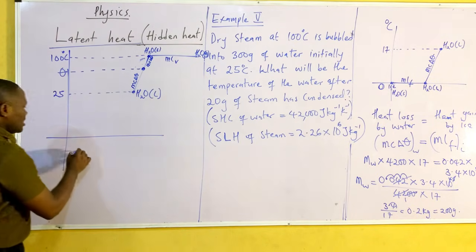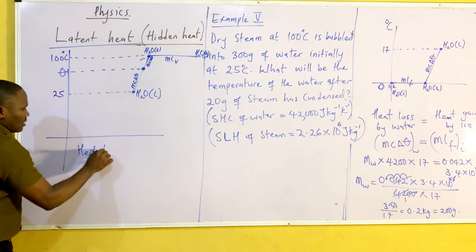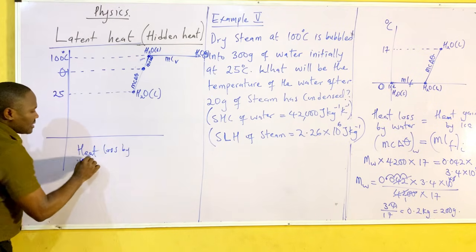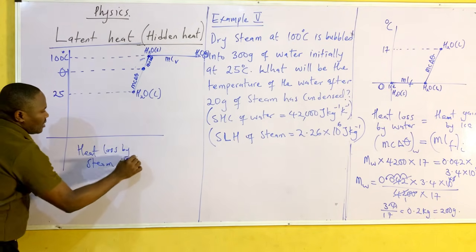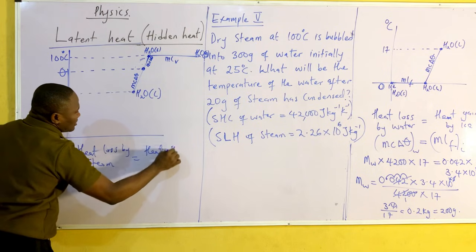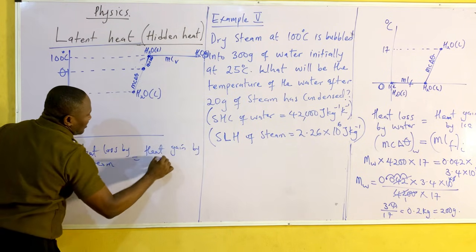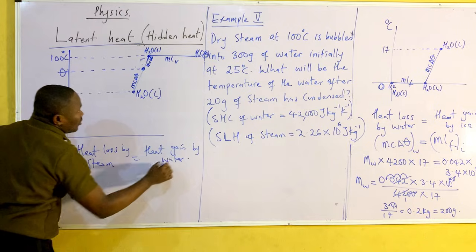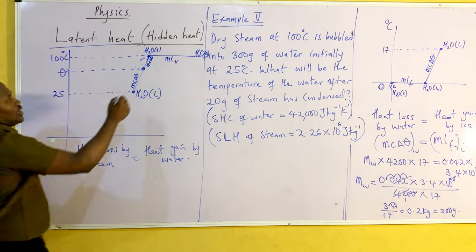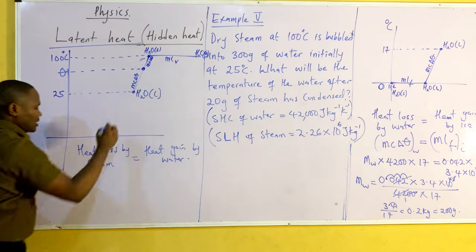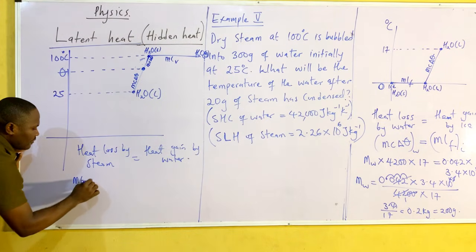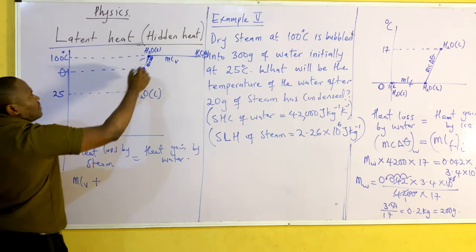So now I say heat loss by steam equals heat gain by water. What is the heat loss by steam? It will be from here to here, which is mL_v, plus what about here?